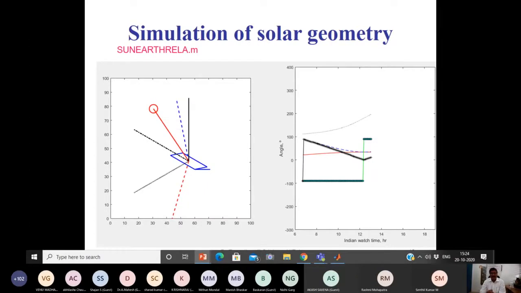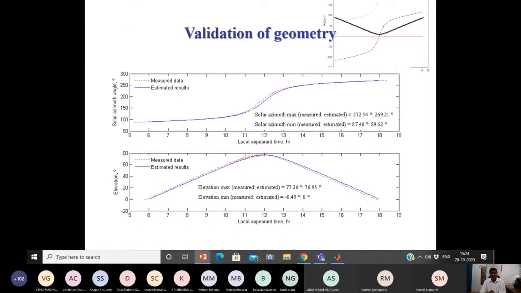So solar geometry is a combination of 5 variables. The 5 variables we can control so that it is easy to simulate the sunbeam with reference to the surface. The surface may be a horizontal surface, or a fixed tilt surface, or it may be continuously changing with reference to the tracking mechanism.